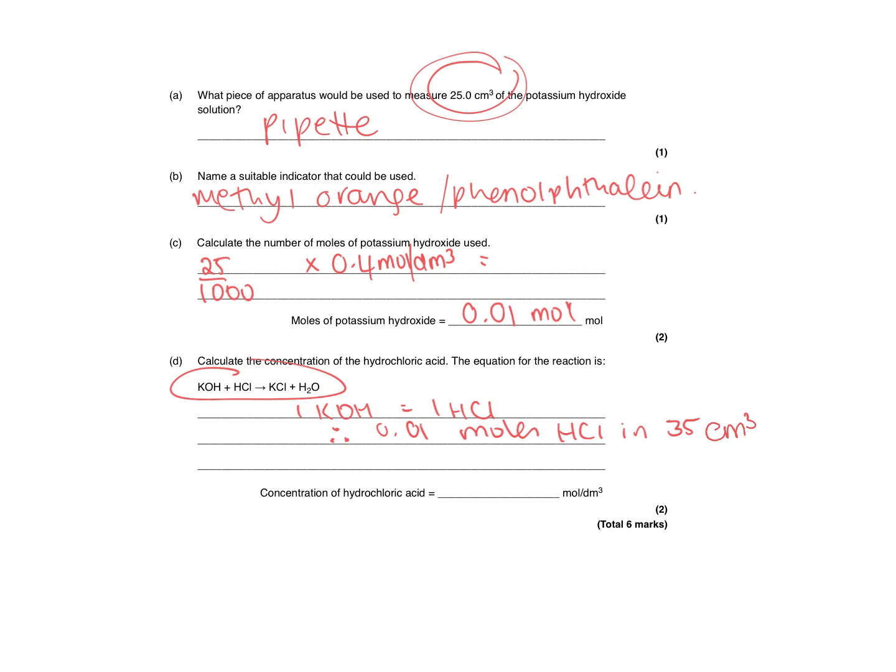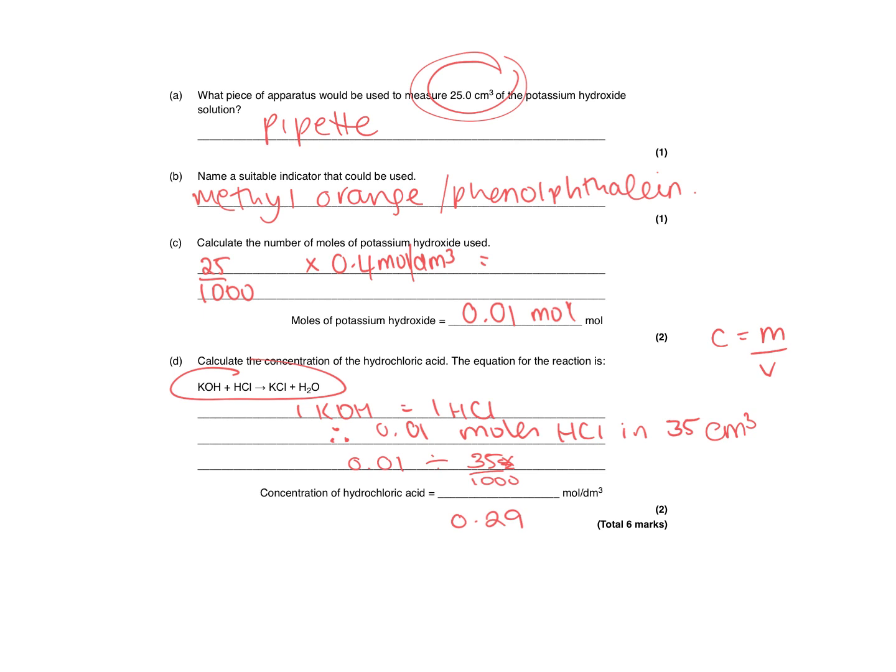So we're told it uses 35 centimetre cubed, and the concentration is going to be the number of moles over the volume. So it's 0.01 divided by 35 over 1,000. And this gives us an answer of 0.29 moles per dm cubed.